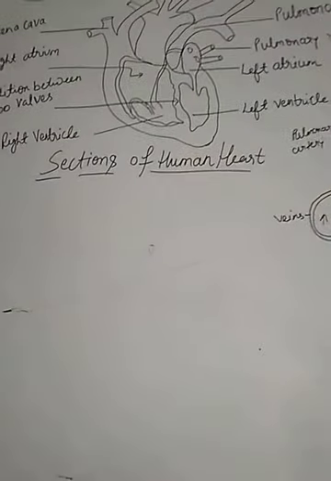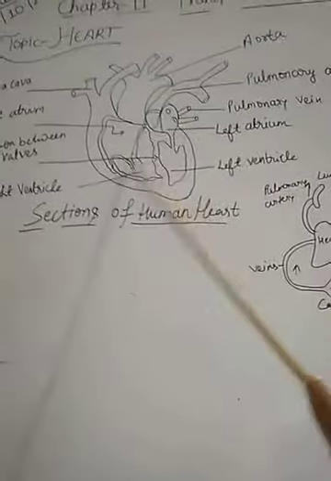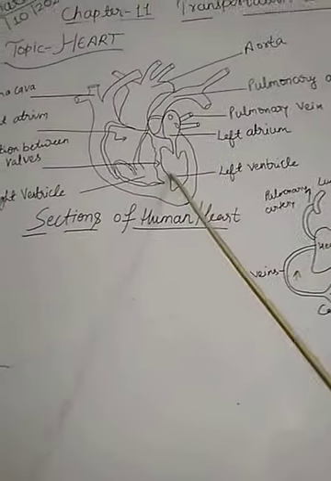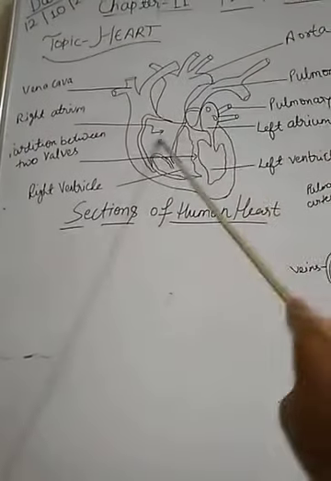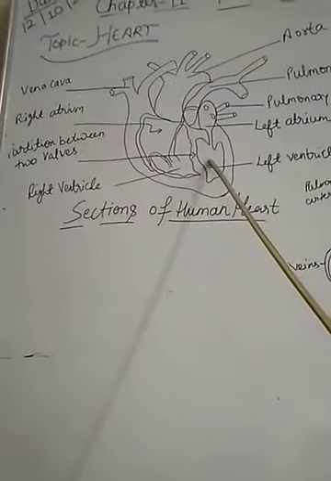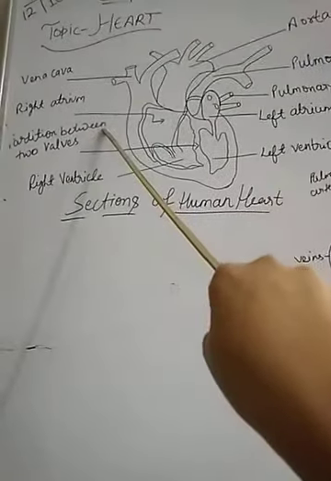There are 4 chambers: 2 upper chambers and 2 lower chambers. The upper 2 chambers are called atria, and the lower 2 chambers are called ventricles. One of them is the left atrium and the other is the right atrium.